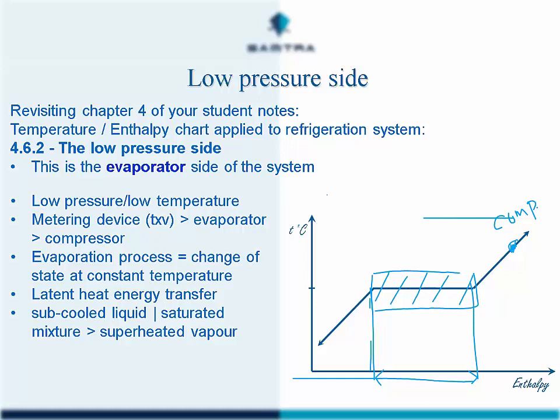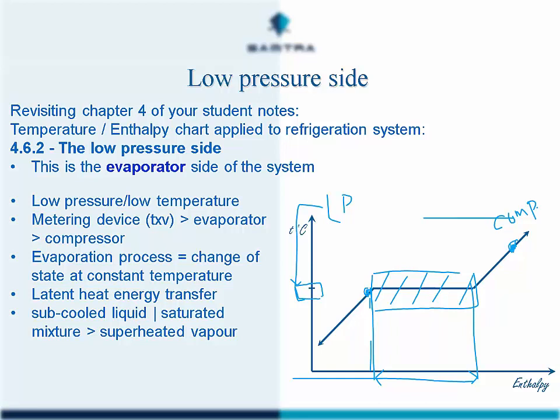So we are on the low pressure side, and the low pressure is having a relationship with the low temperature or the saturation temperature inside the evaporator. Okay, so our expansion device would be literally over there.